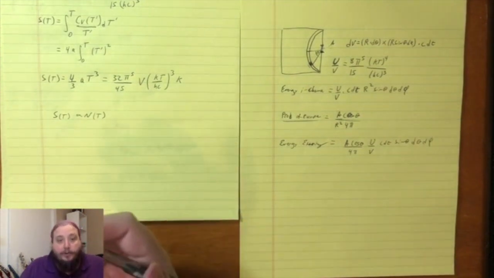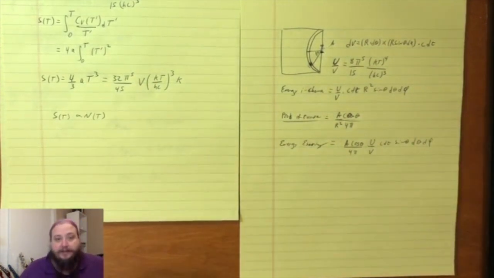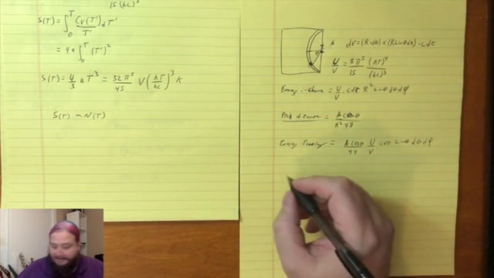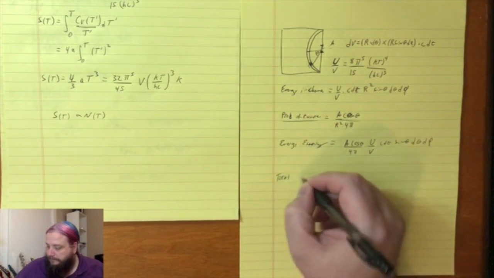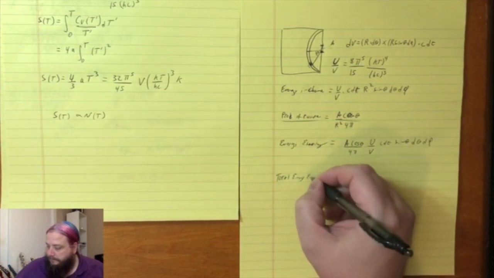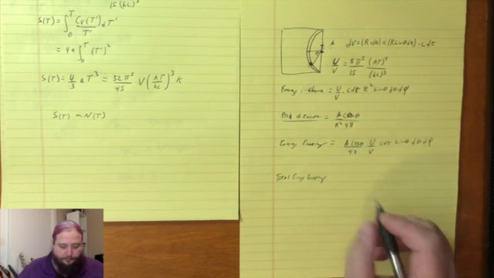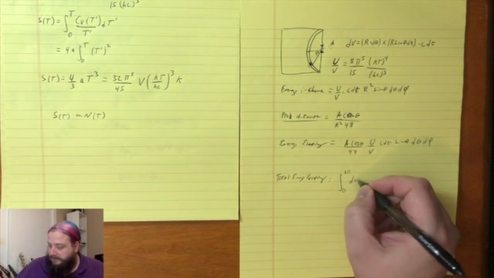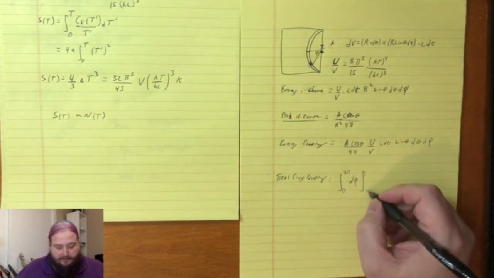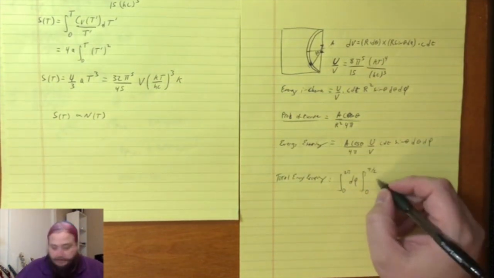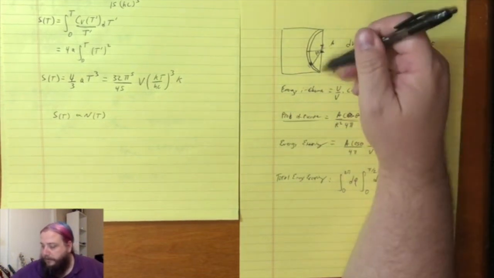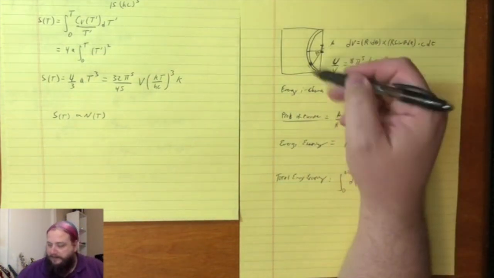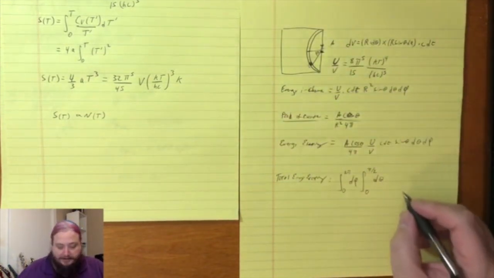And now if we want to do the total energy, we have to integrate over those angular distributions. So the total energy escaping each second is going to be the integral from 0 to 2 pi d phi, and the integral from 0 to pi over 2 d theta. So theta can only go halfway, we're going to basically integrate a hemisphere here.